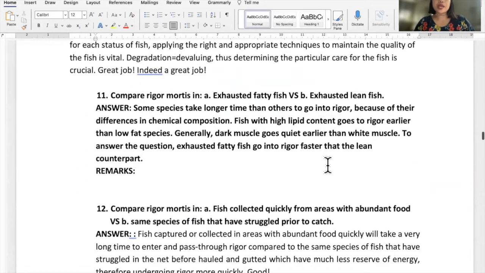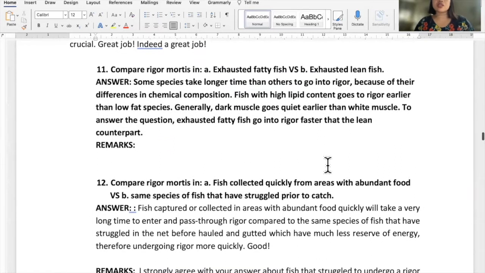Compare rigor mortis in exhausted fatty fish versus exhausted lean fish. Some species take longer than others to go into rigor because of their differences in chemical composition. So take note, fish with high lipid content goes into rigor earlier than low-fat fish species.